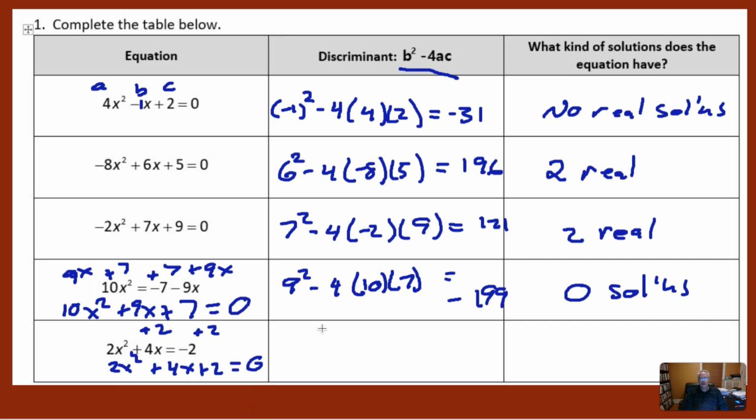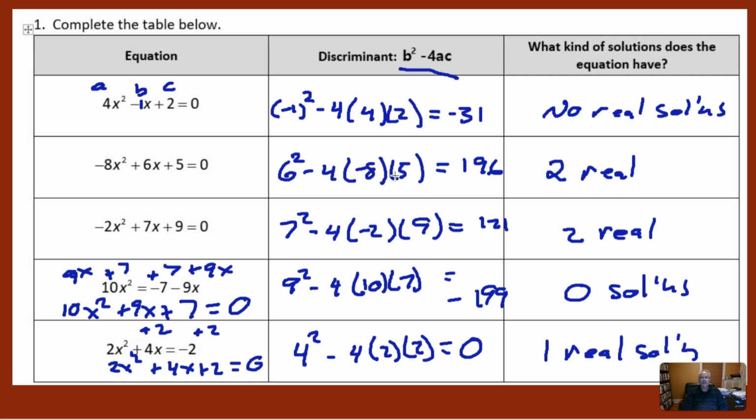We just want to find how many solutions it has. So we're going to do b squared, which is 4 squared, minus 4 times a times c. And we get 16 minus 16, which is 0. So when the discriminant is 0, that means there is 1 real solution.